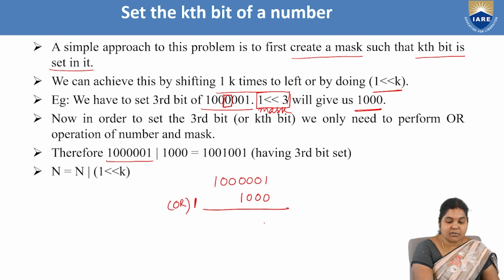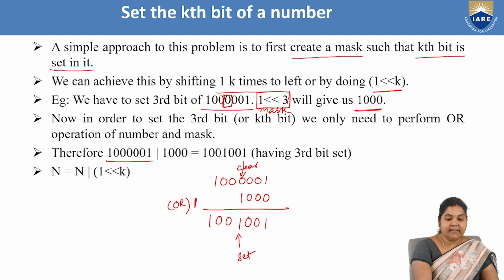This particular bit was earlier clear. Now the OR operation will set it. Now we'll say that this particular bit is set. That means the kth bit, or the third bit, is now set in your given number.